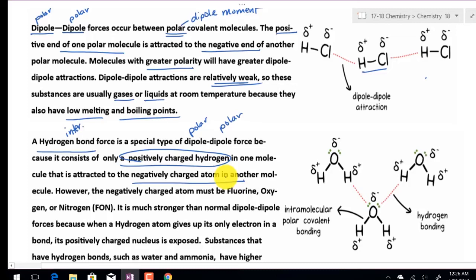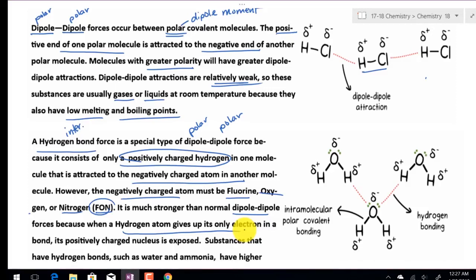But here's the tricky part. This particular negatively charged atom must be fluorine, oxygen, or nitrogen. And the reason hydrogen bonding force is a lot stronger than normal dipole-dipole force is because, remember, hydrogen only has one electron. So when a hydrogen atom gives up its only electron, all the positive charge in the atom will be exposed.